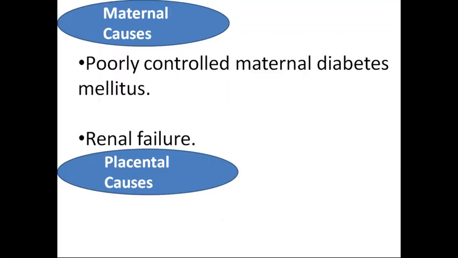Maternal causes are poorly controlled diabetes and also renal failure. Why can renal failure cause polyhydramnios? Why can diabetes cause polyhydramnios?